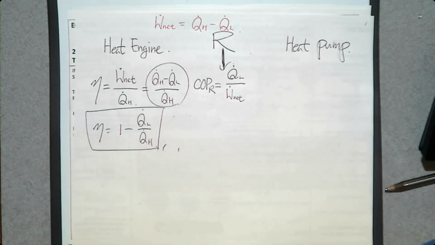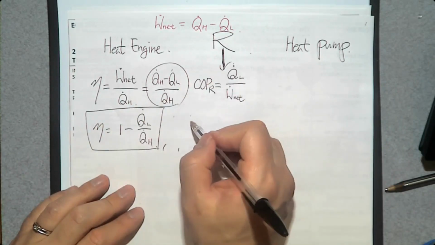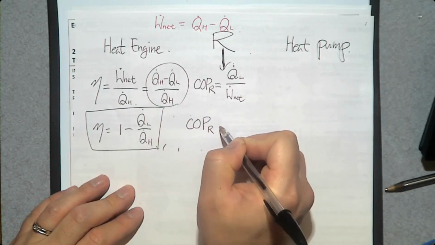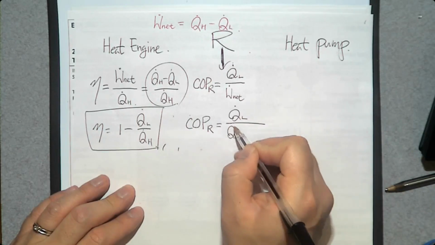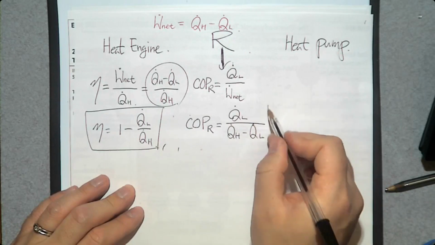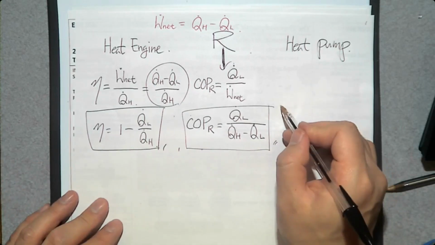By the way, W dot net is Q dot H minus Q dot L, so we can say the COP of a refrigerator can be determined by Q dot L over Q dot H minus Q dot L. Yeah, we know that. We studied that today and also last week.